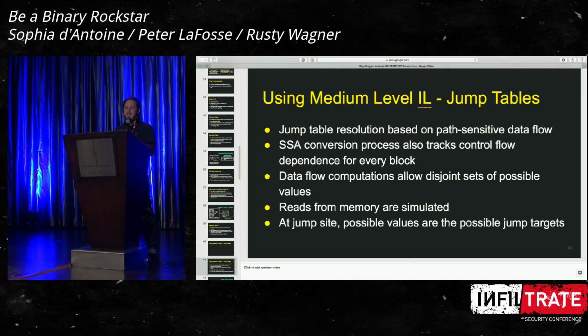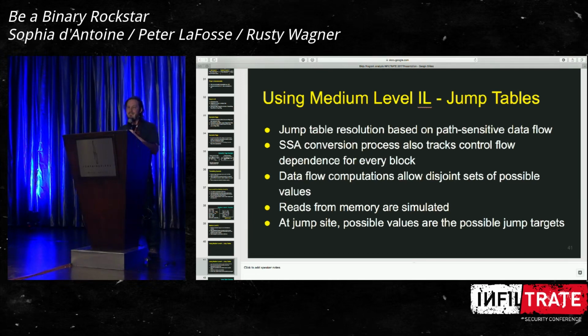Our data flow computations allow disjoint sets, so you can have a disjoint range during your jump table computation if some weird compiler optimization decides to do that. The reads from memory are simulated so that we can actually simulate the table lookup that the jump table is going to do.